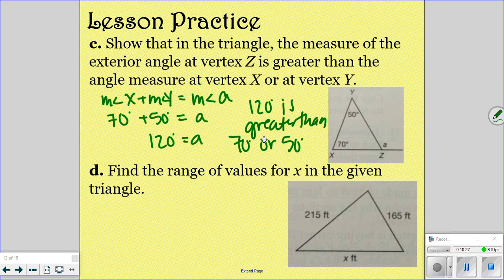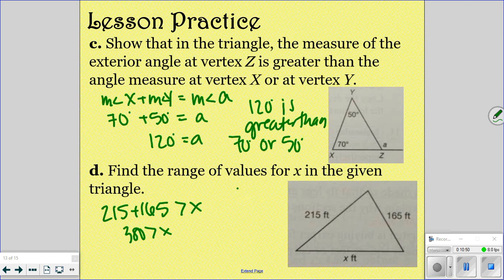Okay, so now we're going to look at D. We want to find the range of values. If X is the biggest side, that would mean that 215 plus 165 would have to be greater than it. So 215 and 165 adds up to 380. And so X would have to be less than 380.